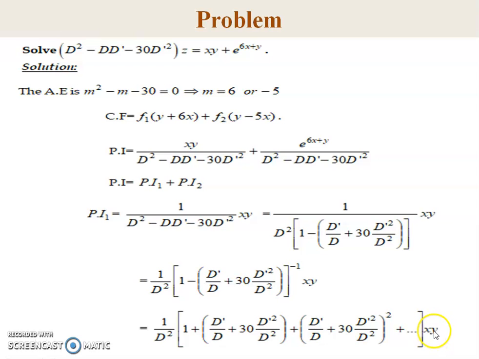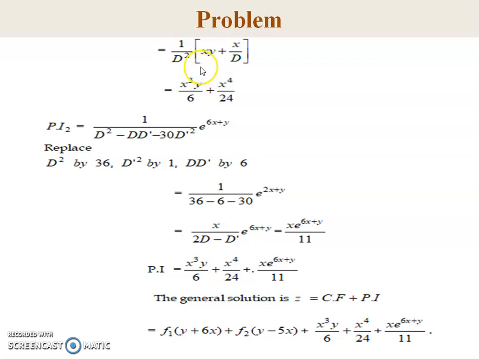If we differentiate this with respect to y, it becomes x. So x by D. Now integrating this with respect to x becomes x square by 2. Already we have 1 by D square, that means integrate twice. If we do this, we get the term x cube y by 6 plus x power 4 by 24.